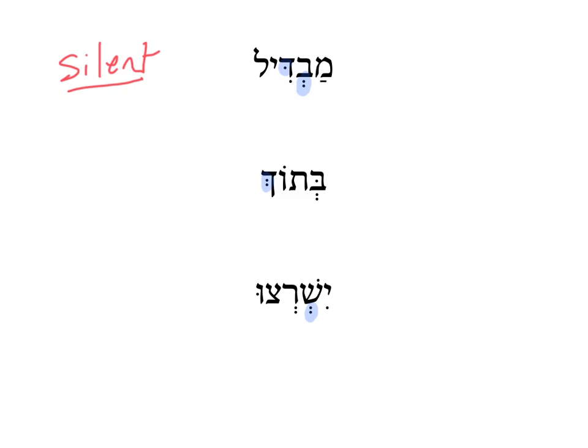So the first one will be silent, the second one will be vocal. Yishratsu. So here you can see that in this word there's a short vowel, and so that's another reason why it would be a silent Sheva.